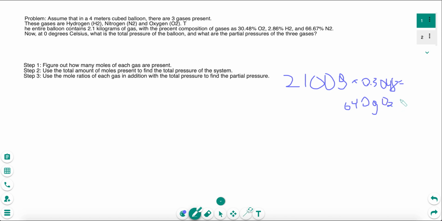Now we need to find the molecular mass of the oxygen gas.